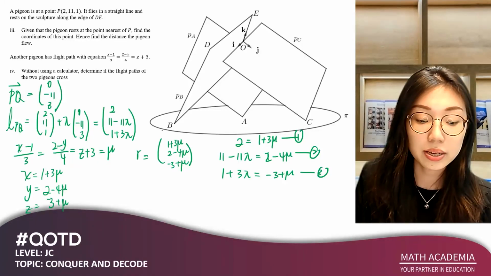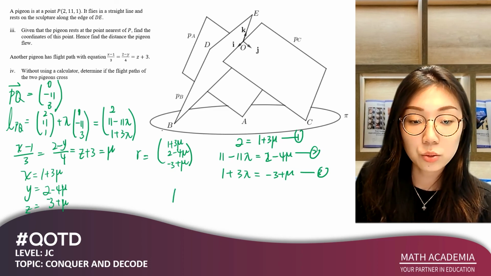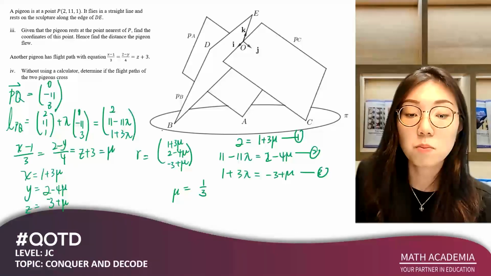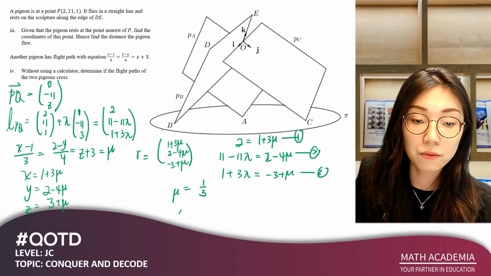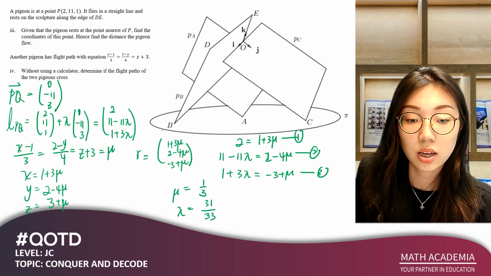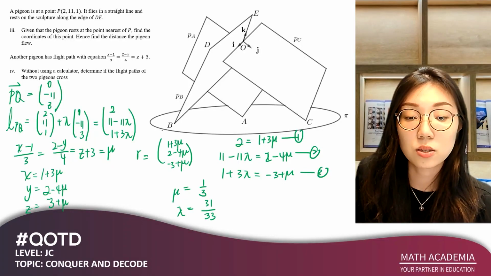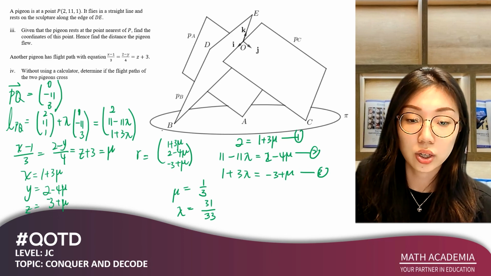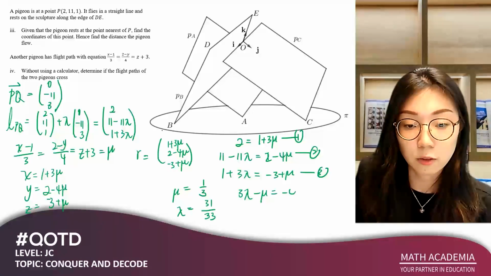Okay, using my first two equations, I would have mu equals 1 over 3, and substituting mu equals 1 over 3 in my second equation, I would have lambda equals 31 over 33. So using these two values of mu and lambda, I will substitute them into my third equation. Using my third equation, I have 3 lambda minus mu equals negative 4.